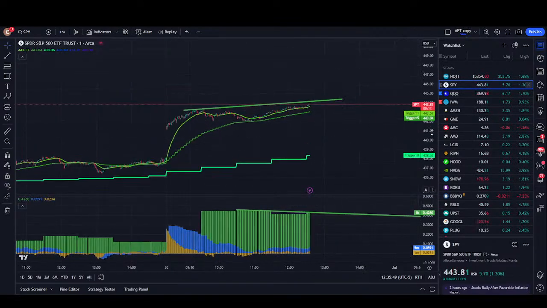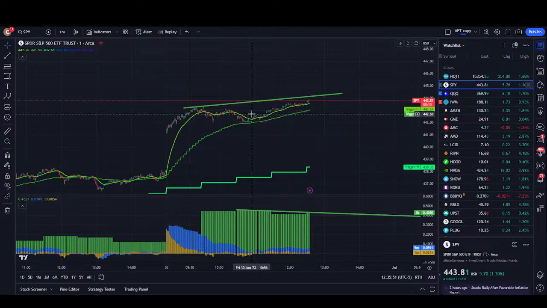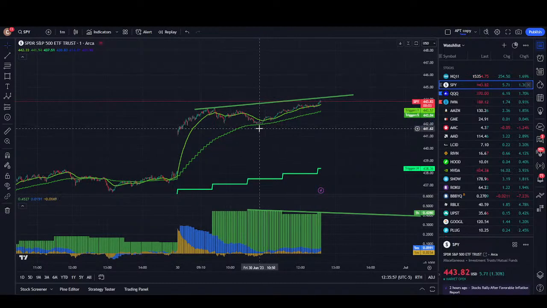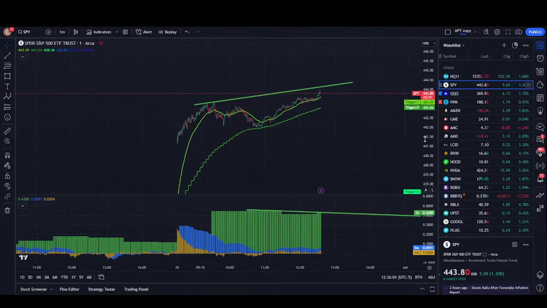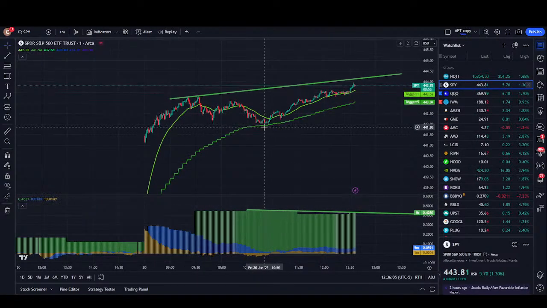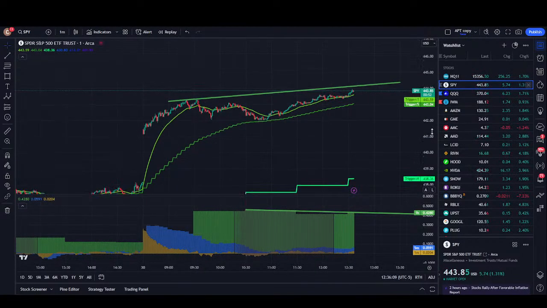By the way, there was a gorgeous airplane setup earlier today, a dip to 442 for $2. That's beautiful. I had some puts earlier for the airplane that went down, from the first airplane to the second. I took that one.